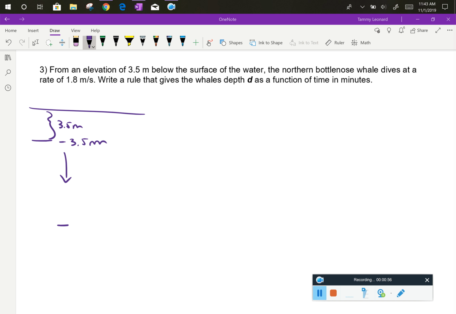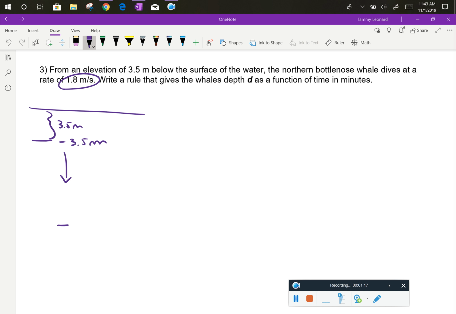The rate at which the bottlenose whale is diving is given at 1.8 meters per second. Now, that's actually a distance that it's traveling down. So if we use the elevation as a negative number, we would also have to use the rate as a negative number because the elevation is decreasing.